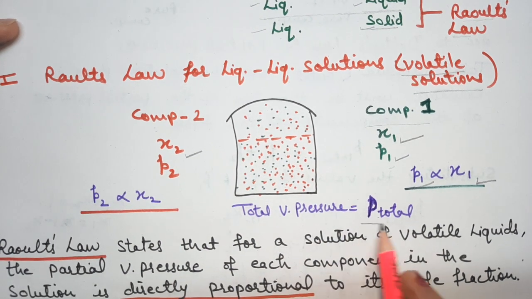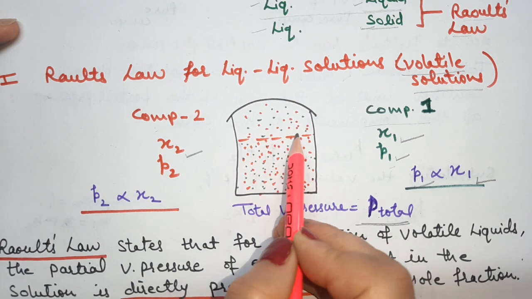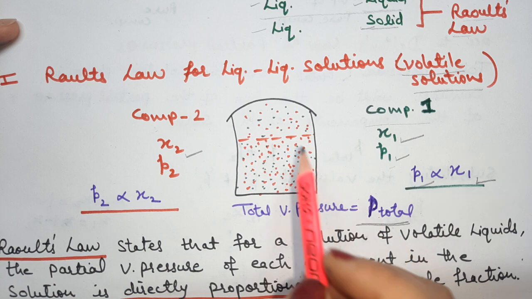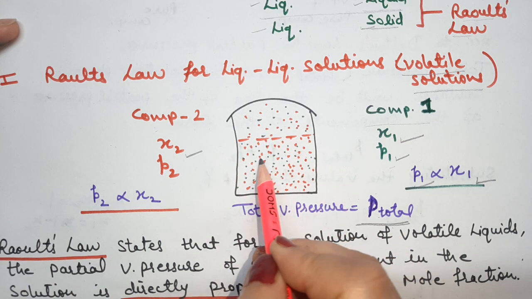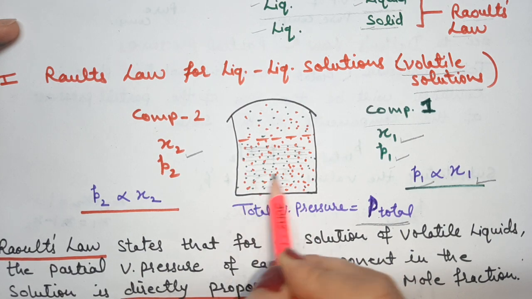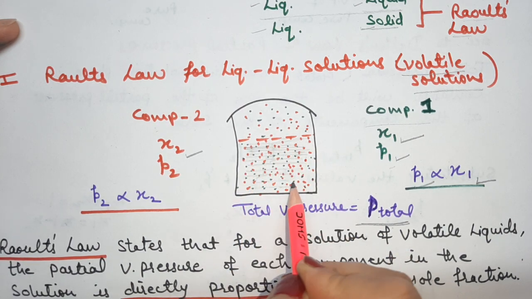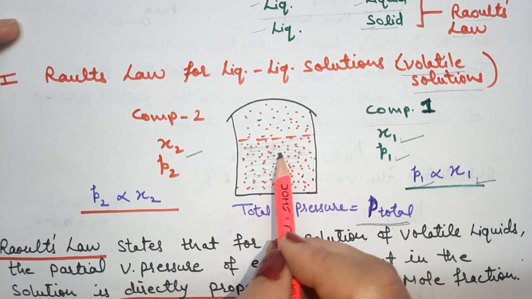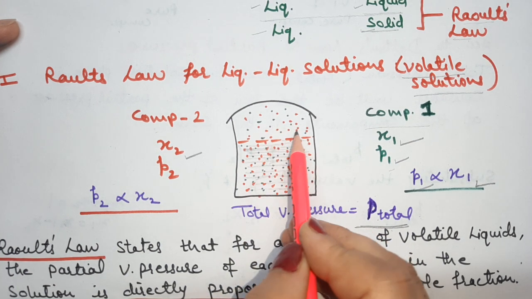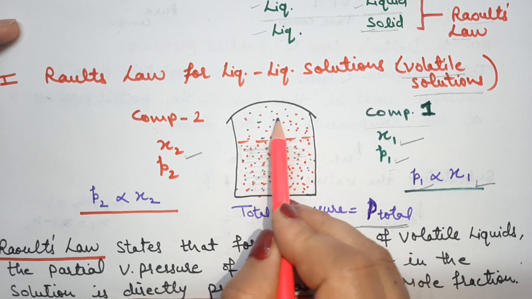P total is the total vapor pressure exerted by both the components. Now see, this is the liquid form, where both the components are present; the red one is component 2 and the green one is component 1, and you can see their vapors are also present in the vapor phase.